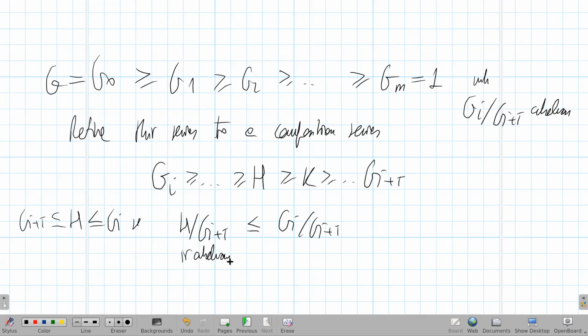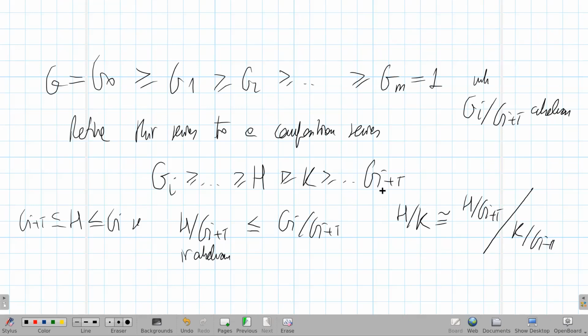And then again, we use the third isomorphism theorem, because this tells you that the quotient H over K, where I have refined this and so K is normal in H, is isomorphic to H over Gi+1 over K over Gi+1.